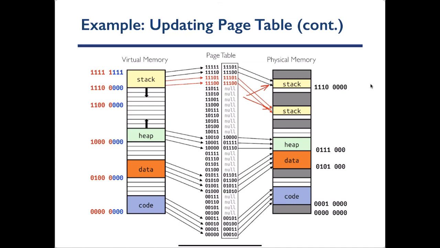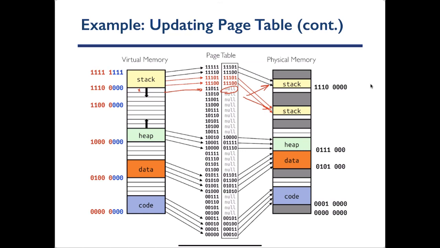So the first time that my application accesses, for example, this page, if the stack is going to grow, I'm going to detect a page fault because for this page there is no translation. So this would lead to a page fault. Now the operating system is going to wake up, look at this page fault, and maybe decide that it needs to allocate another page to this stack.